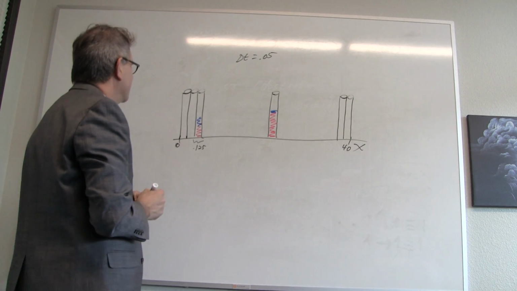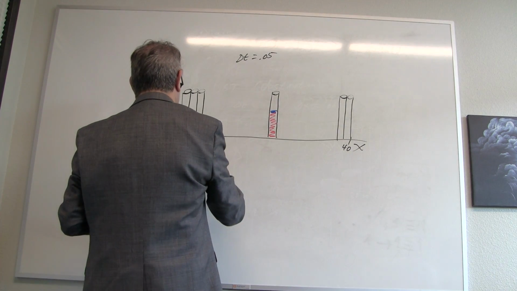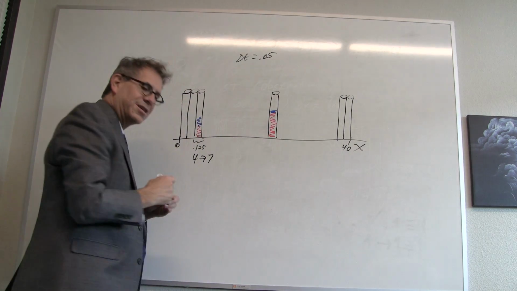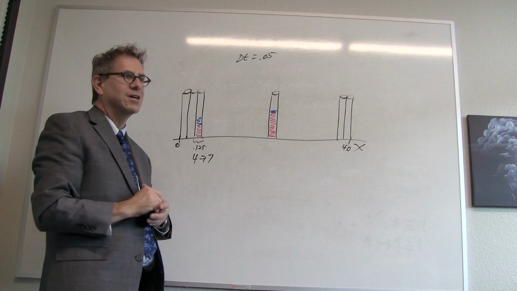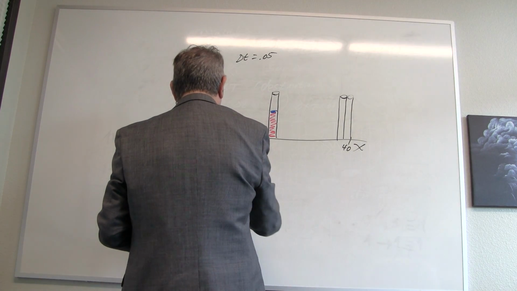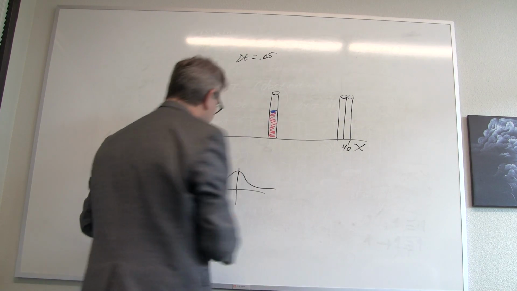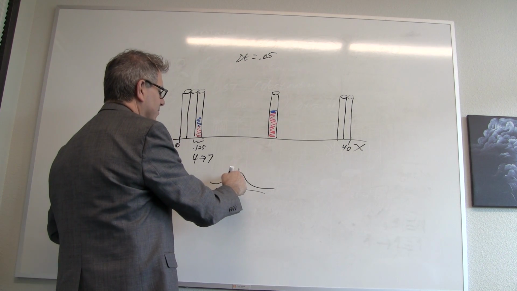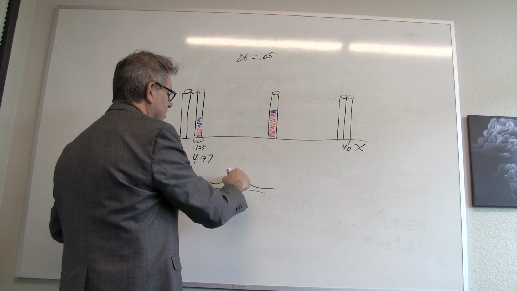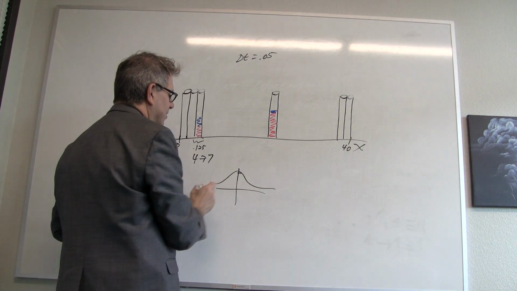The other thing we do is that when this says transfer, for example, from tube 4 to tube 7, we don't just tally a delta from tube 4 to tube 7. We go back to this e to the minus x squared shaped curve, and we say, okay, 4 to 7 we're going to get a full transfer rate, but from 4.1 to 7.1 we're going to get a little bit less transfer.